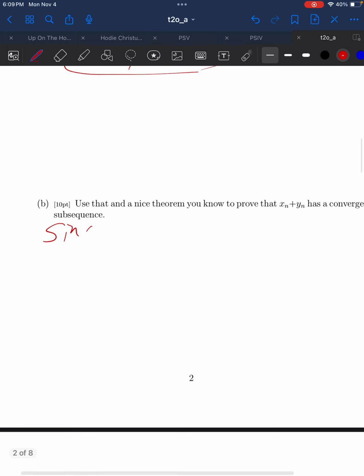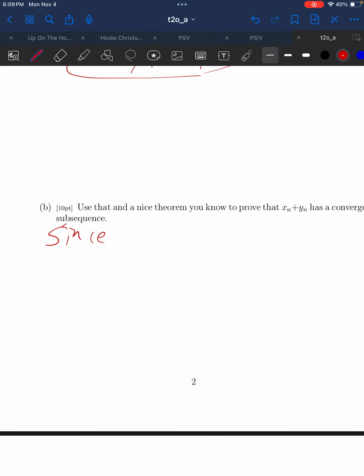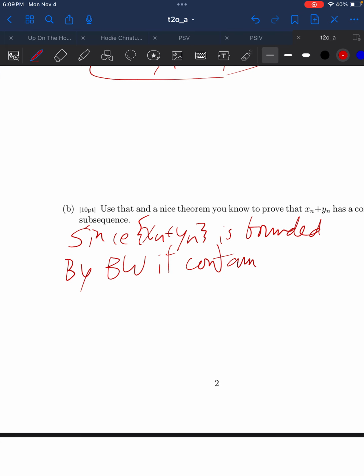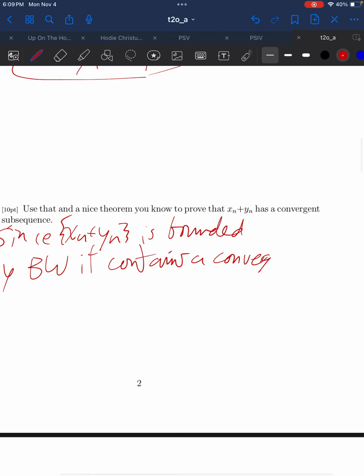What I was looking for you to say is, since the sequence xn plus yn is bounded, by Bolzano-Weierstrass it contains a convergent subsequence. That's all you need to do.